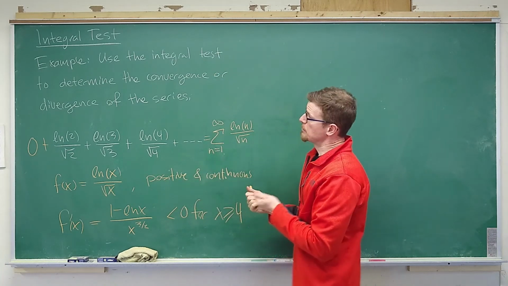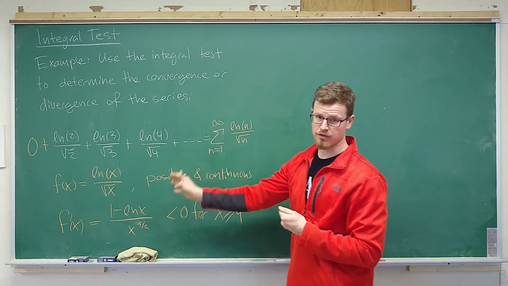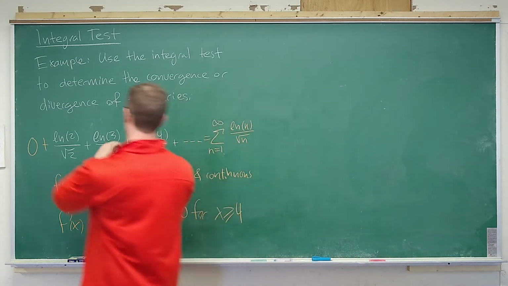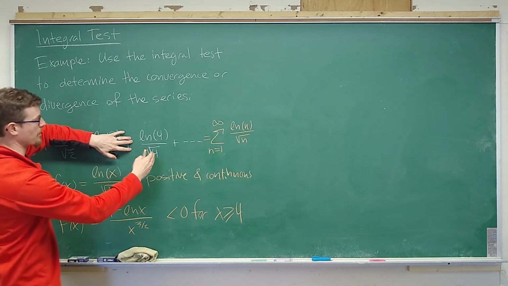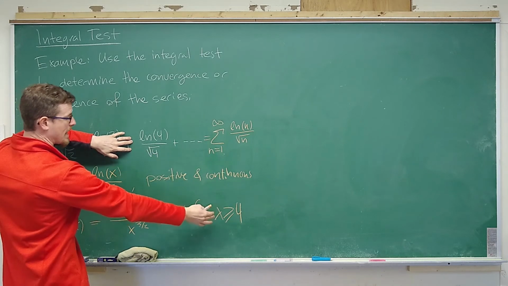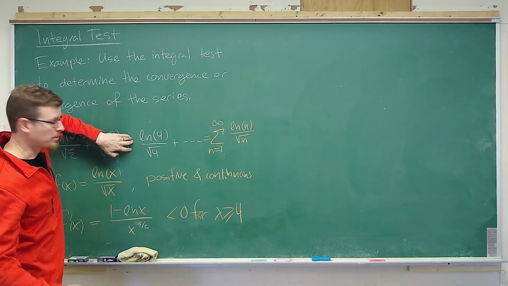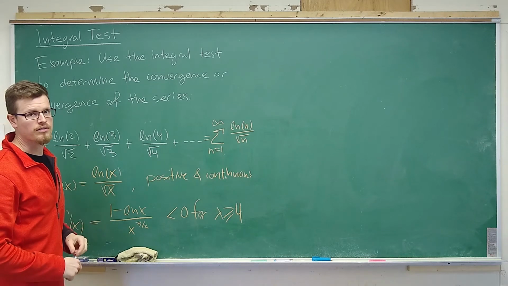So how does this work out then? Well, the integral test says that we have to have that it's decreasing for all values. But if we were to ignore the first couple of values, then we could start when n is equal to 4 and when x is equal to 4, and we could determine the convergence of that series. If I just add in a couple more finite values, then it's still going to converge.